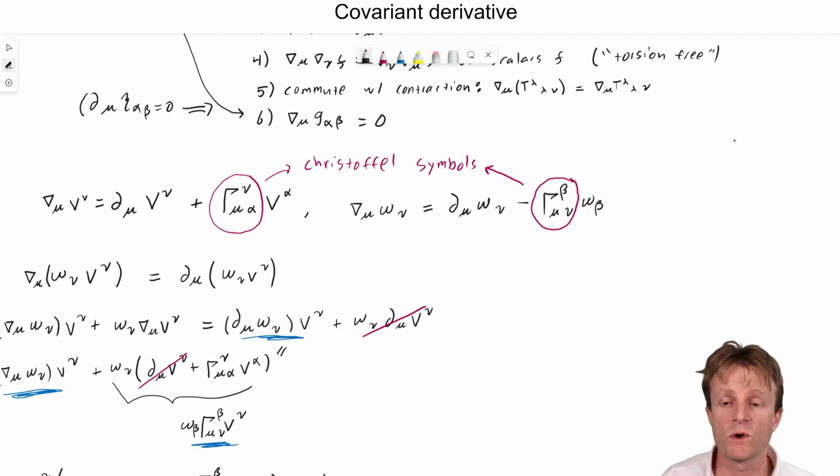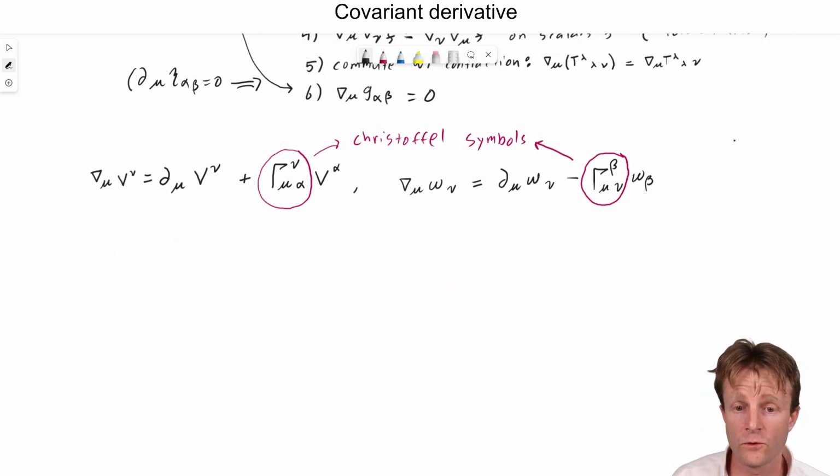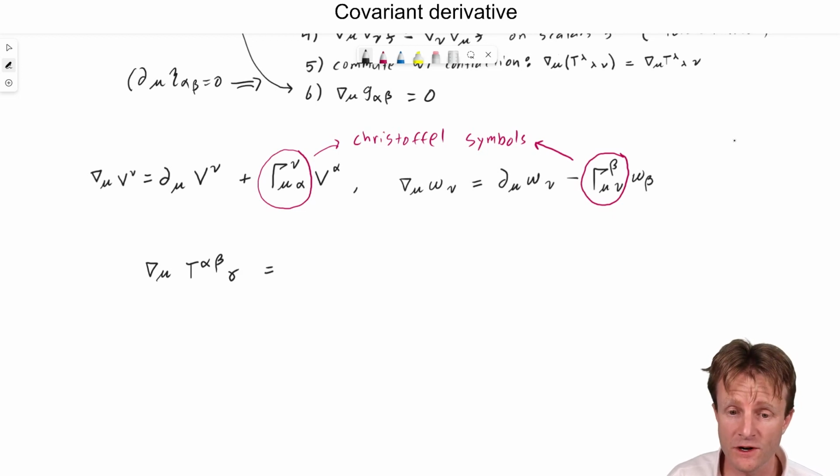So this is the law for a vector, this is the law for a one form, and then more generally, for an arbitrary tensor, the way it works is you just get one term for each kind of index. For example, if you wanted the derivative of a tensor T upper alpha beta lower gamma, what you would do is you would first write down the partial derivative term. That's always going to be there. And then you add terms to it, one for each index.